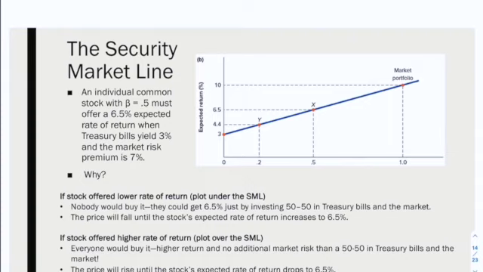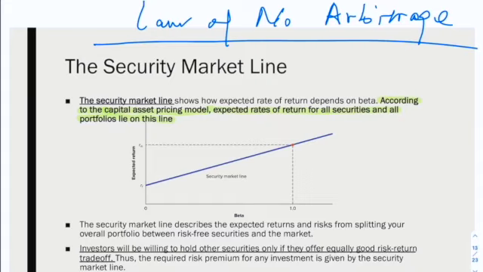Suppose we have a common stock which has a beta of 0.5. If it has a beta of 0.5, on the security market line it will have an expected return of 6.5%, just as we calculated previously.